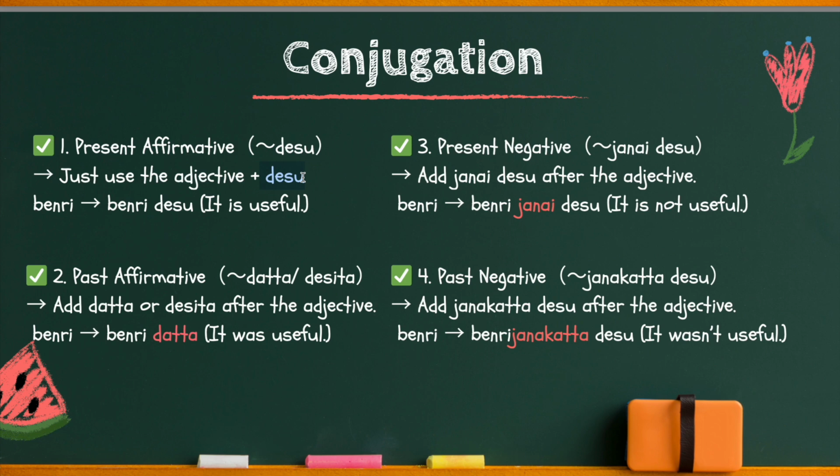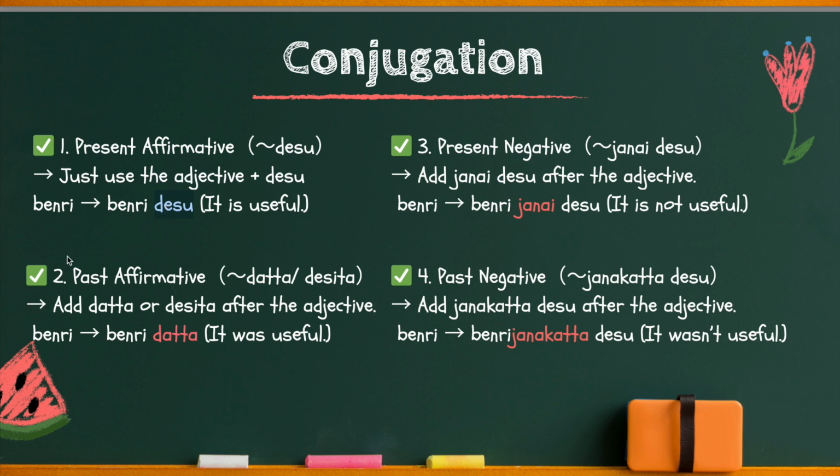So for example, it is useful is 便利です。That's all you need. And you can even omit this and just say 便利. That's fine too. Just saying 便利 is very casual. If you add this, the sentence becomes formal.